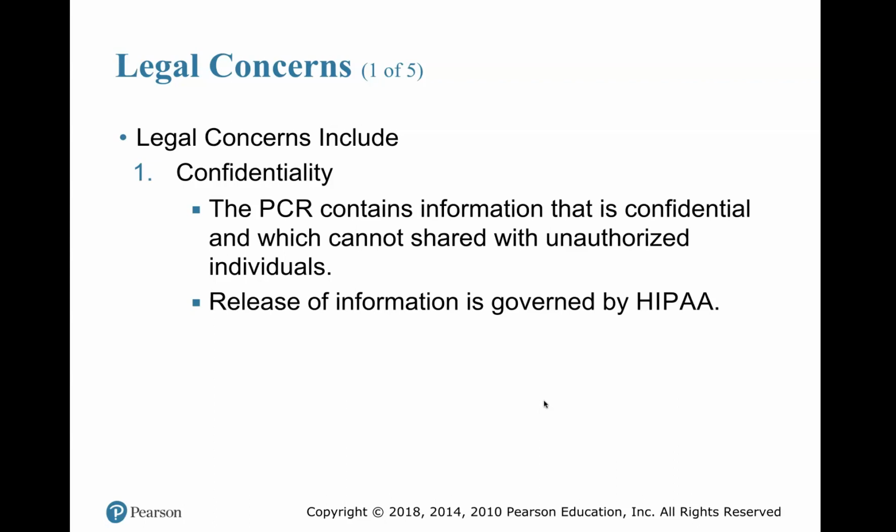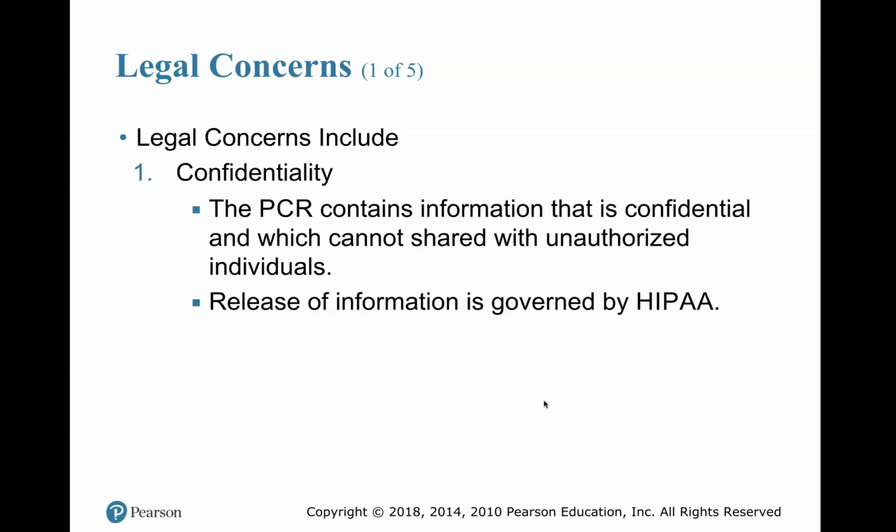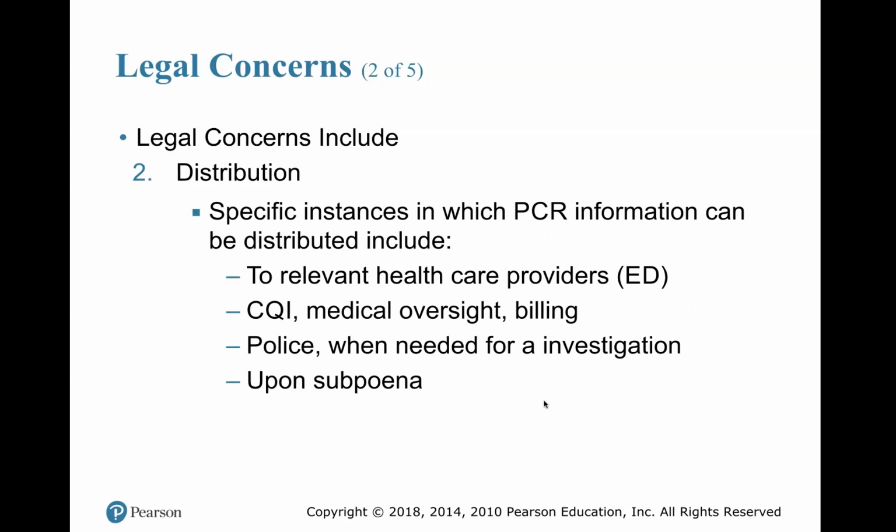All right, legal concerns. Confidentiality. The PCR contains information that is confidential and which cannot be shared with unauthorized individuals. Release of information is governed by HIPAA. We talked about HIPAA before, so you should understand what HIPAA is. Distribution.